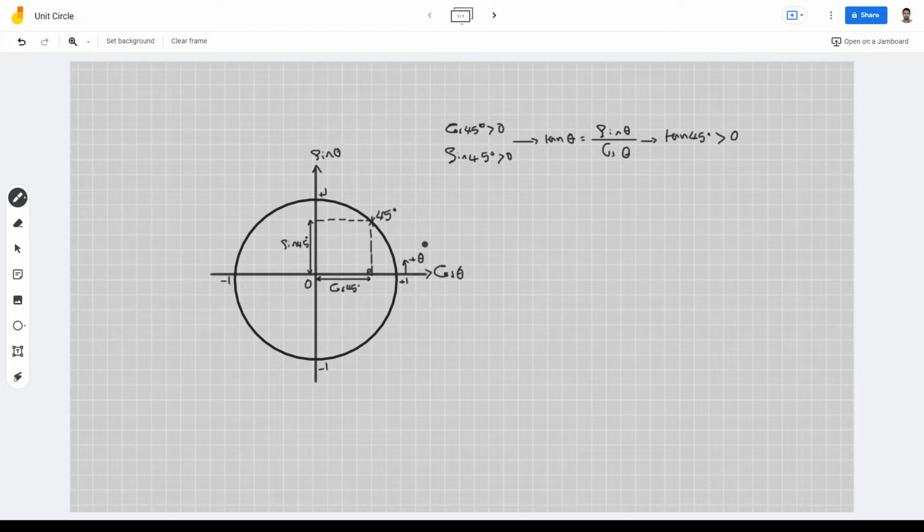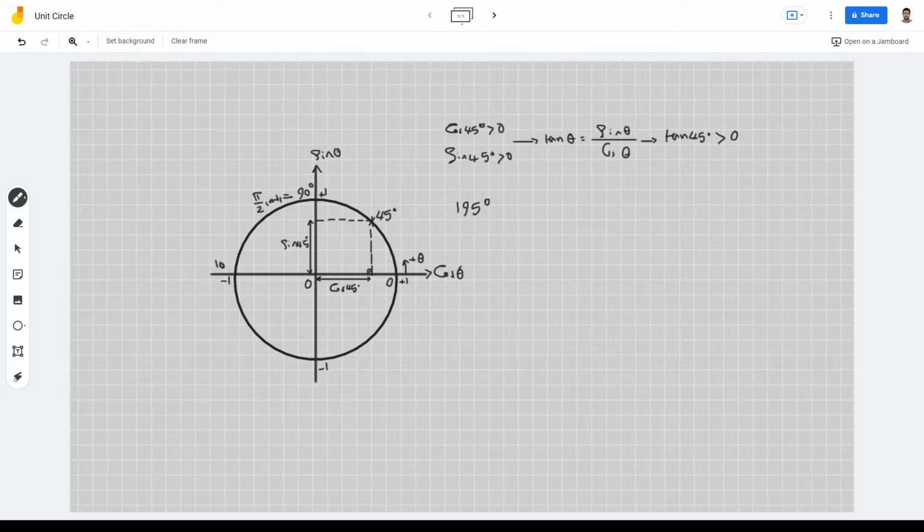So let's apply it on another angle, for example 195 degrees. We know that here is 0, here is 90 degrees, or in radian would be pi over 2 radian.